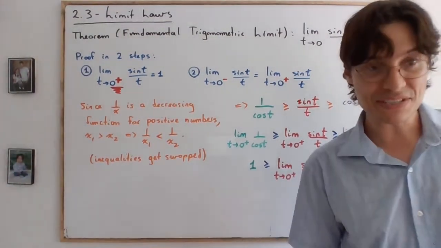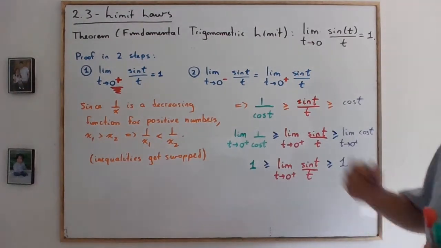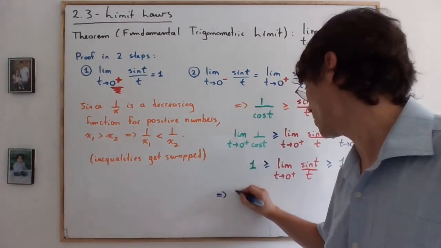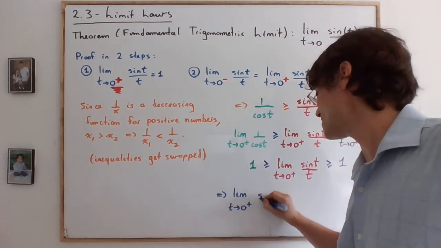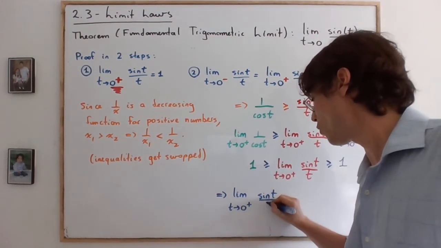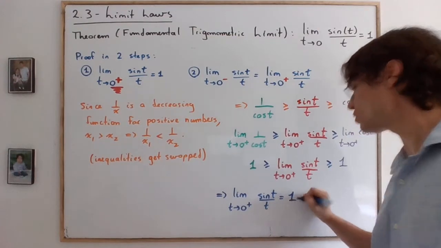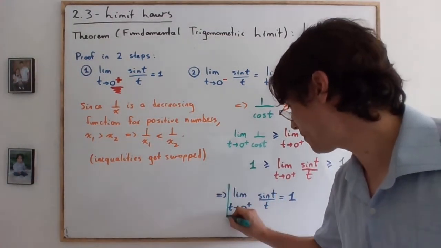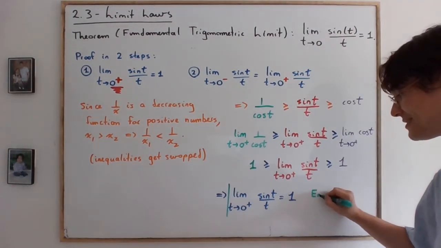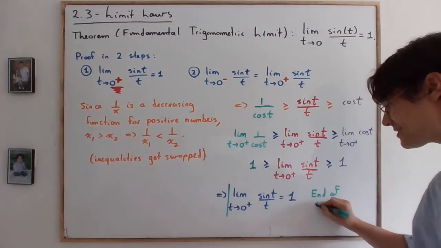So by the squeeze theorem, this limit is 1. The limit as t approaches 0 plus of sine of t over t is equal to 1. Here I'm just going to specify that this is the end of step 1.